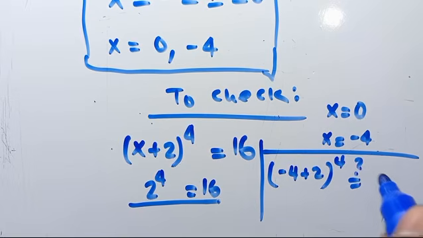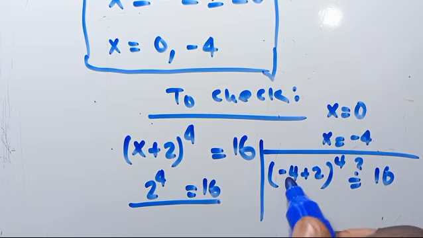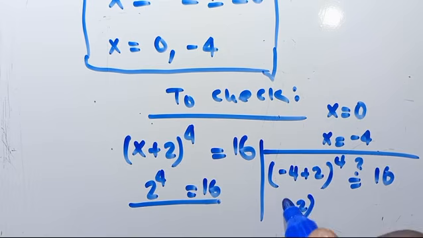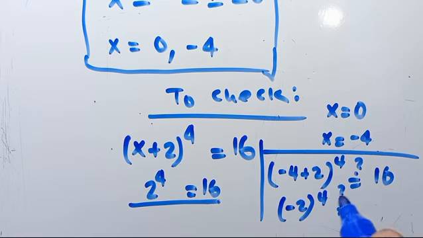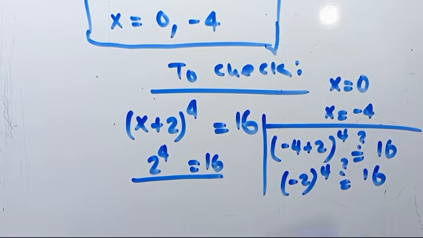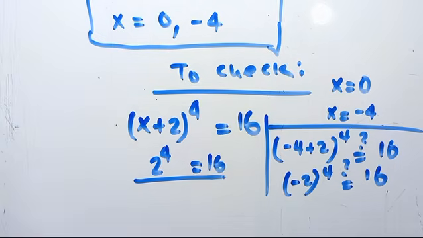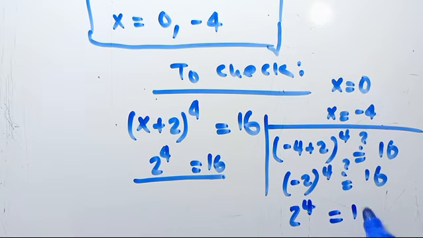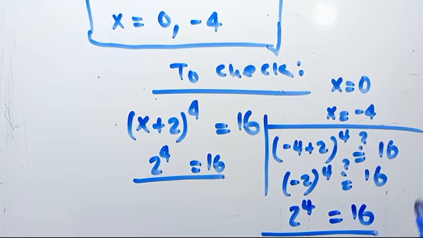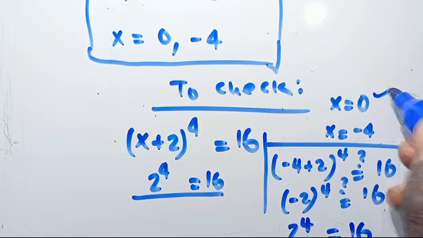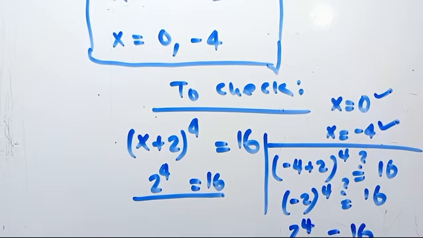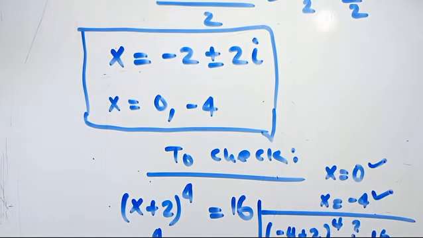Is it going to give us 16? Minus 4 plus 2 will be minus 2 to the power of 4. This power is an even number and it will cancel this negative, so definitely it will be 2 to the power of 4, which equals 16. This is also true, meaning that both real solutions are correct. The next to verify is our complex solution.